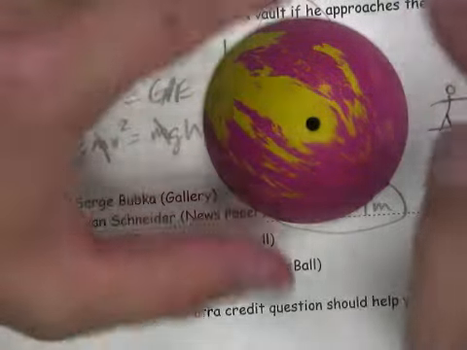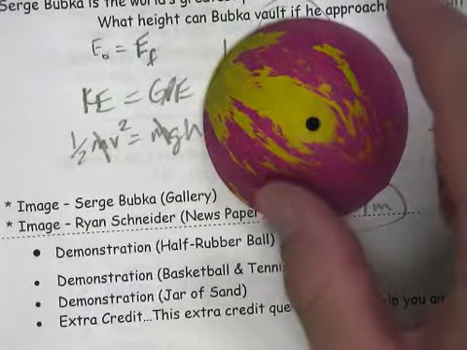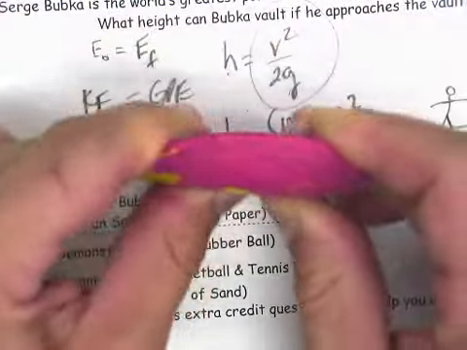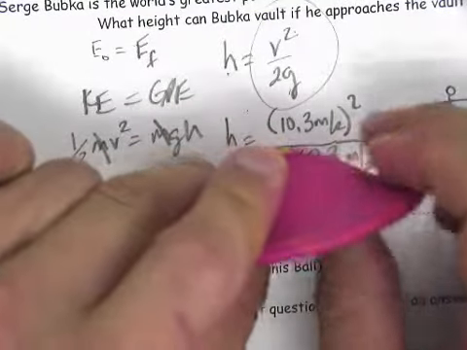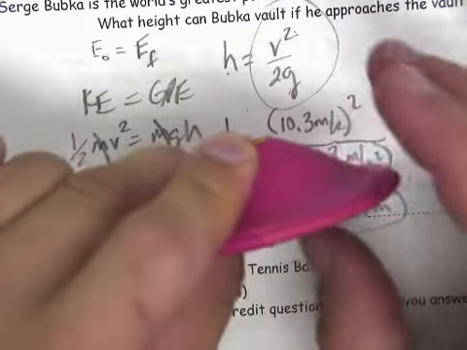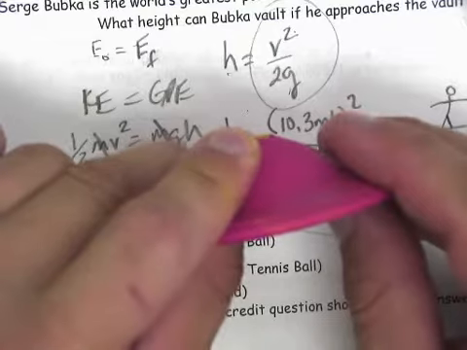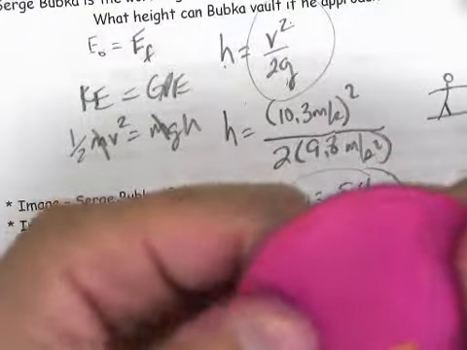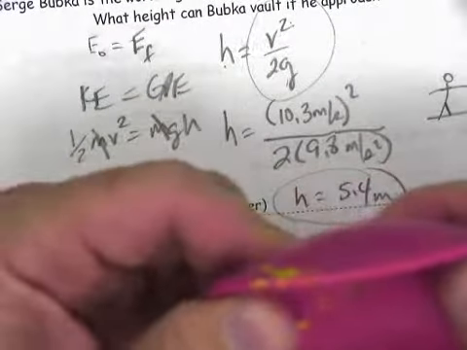Well, it gains gravitational, it gains some kinetic. So when I pinch this in, I'm storing inside some elastic potential energy. And then when I put it on the ground, see if I can do this. Ooh, I'm getting a rip in that. That's not good. I have to get a new one of these.